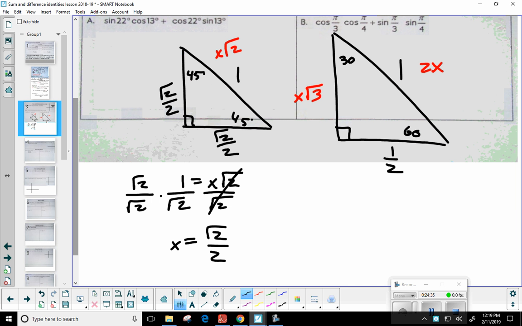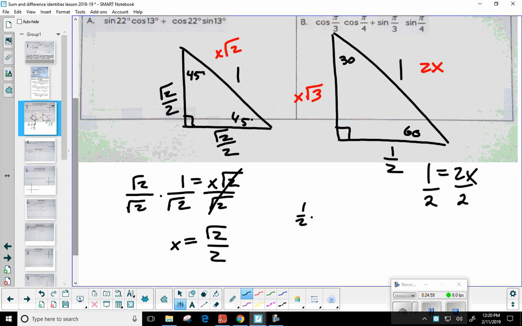Okay. And let's do the same thing we did a moment ago. I know that this hypotenuse is length 1, but I also know it's represented by 2x. And how would I solve for x? Divide by 2. So see, that's where we get the 1/2. Now, to get the longer leg, I take the shorter leg and multiply by the square root of 3.